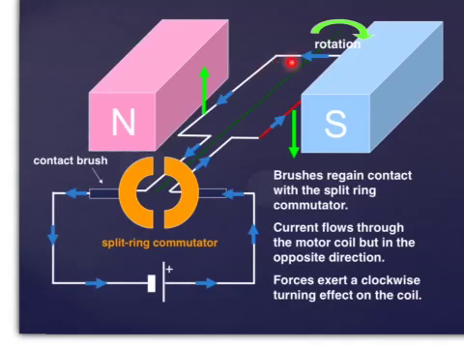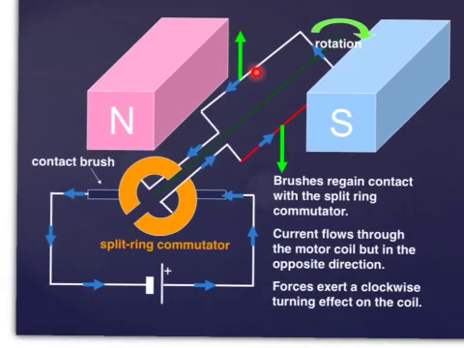The coil has turned through half a turn or half a revolution, or 180 degrees, and brushes regain contact with the split ring commutator. Current flows through the motor coil, but in the opposite direction. Forces exert a clockwise turning effect on the coil, so the coil just keeps turning clockwise.